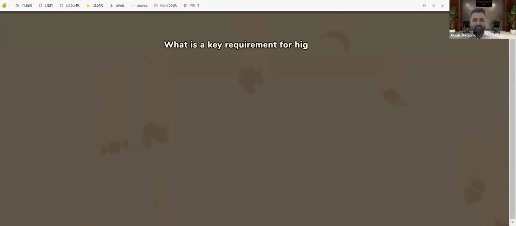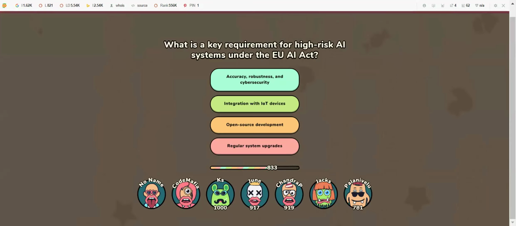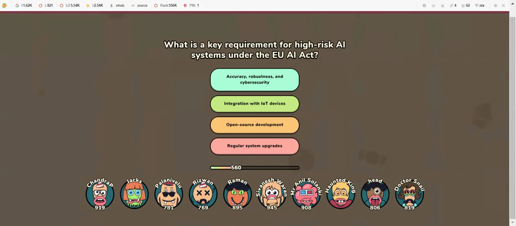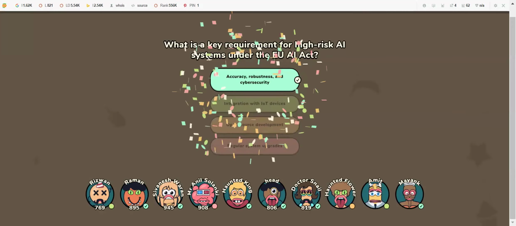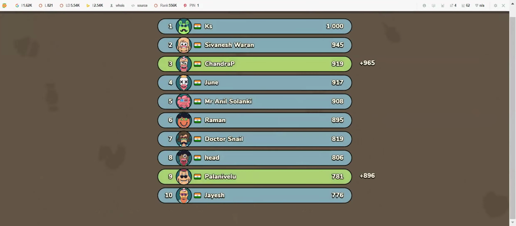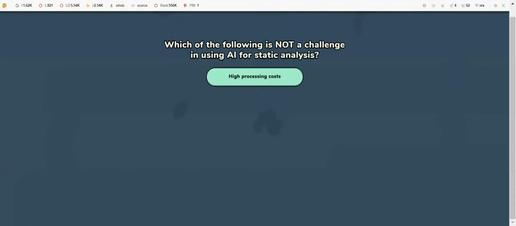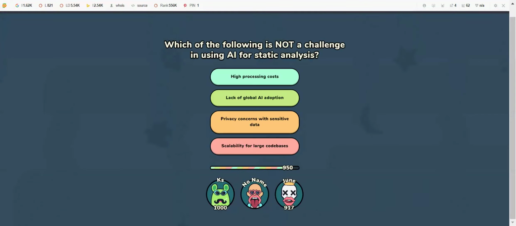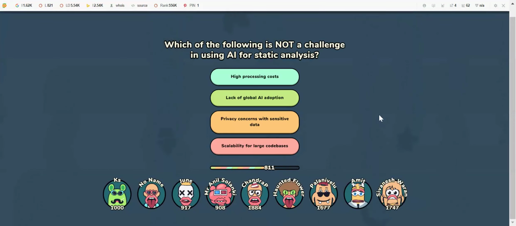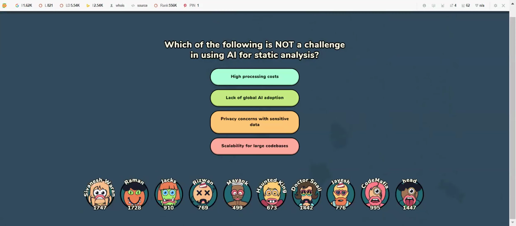Which is a key requirement for high-risk AI systems under the EU AI Act? Accuracy, robustness, and cybersecurity. Which of the following is not a challenge in using AI for static analysis? Lack of global AI adoption.